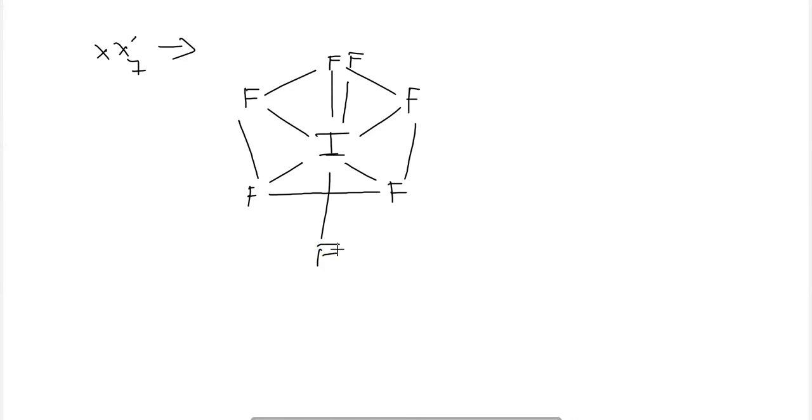So they will have a pentagonal bipyramidal structure. This will be the structures for the different interhalogen compounds.